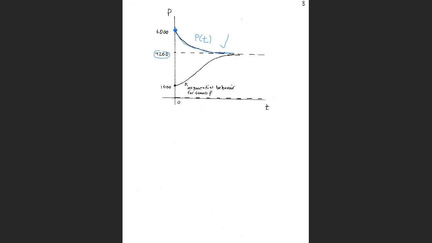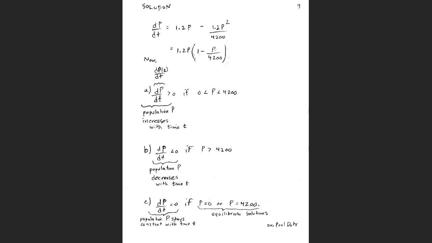Okay, let's suppose the deer population were 1,000. Maybe winter took its toll on the deer population, and here in the spring we have 1,000 deer. What happens when the population is 1,000? Let me go back to the first page. We know that if the initial population of deer is anywhere between 0 and 4,200, the rate of growth is positive, and that means the population increases with time.